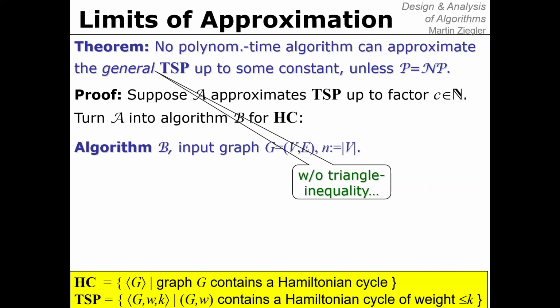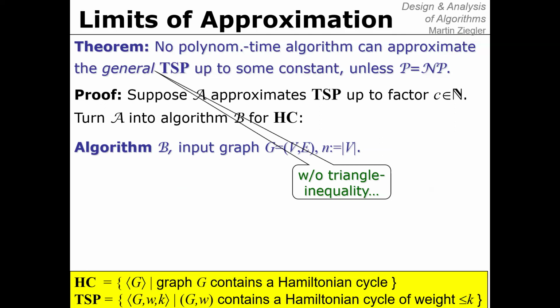Now we use the algorithm A to devise a polynomial time algorithm B for the Hamiltonian circuit decision problem. Typical kind of reduction, except if you take my course Theory of Computation CS422, reduction is defined for decision problems only.